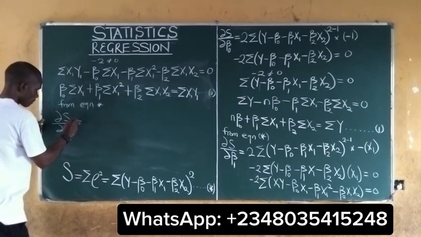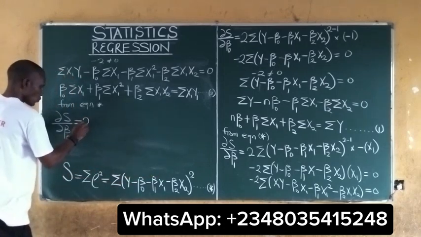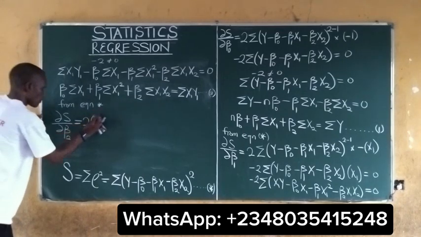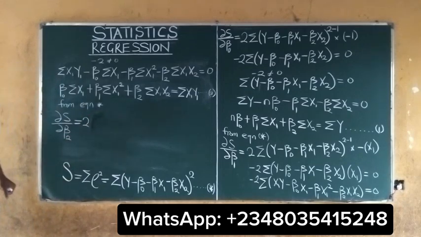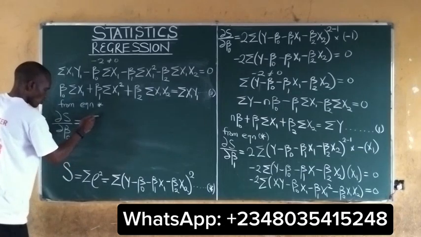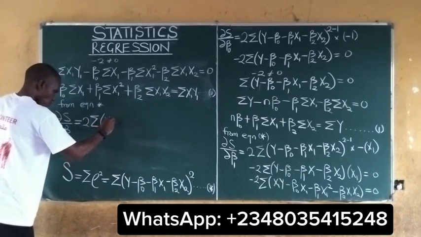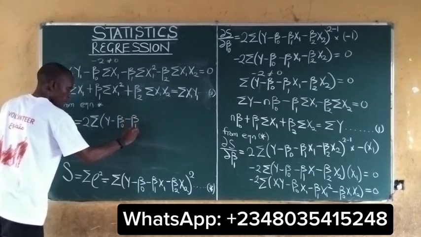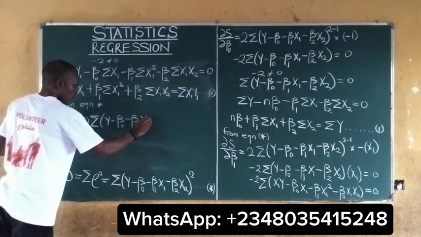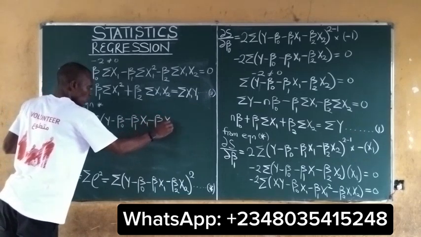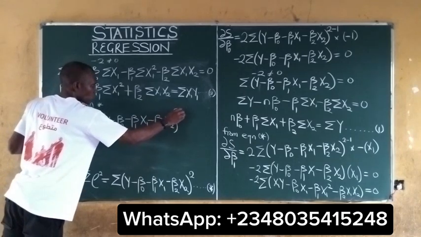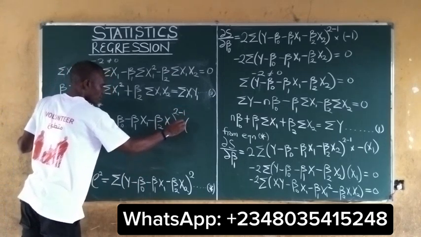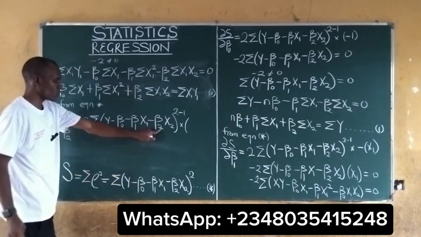It gives us 2 summation y minus b naught minus b1 x1 minus b2 x2 raised to the power of 2 minus 1 from differentiation, multiplied by, from the composite function, the differential of this.